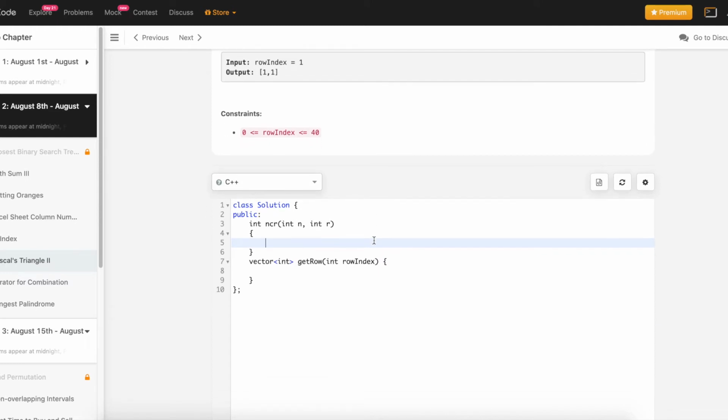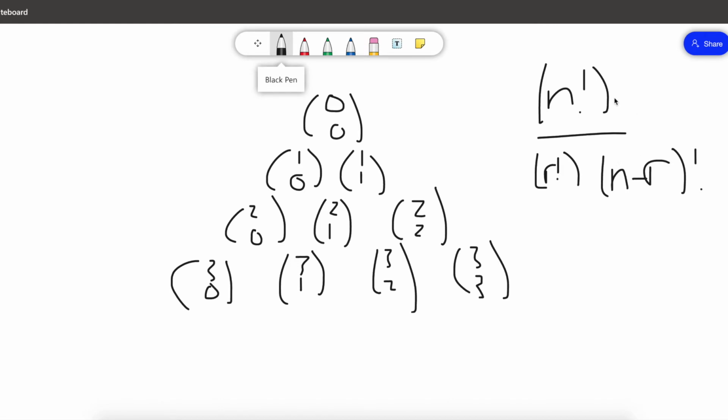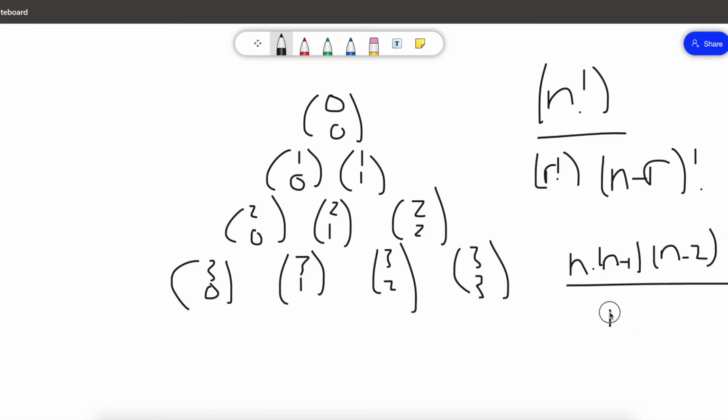Here's a neat optimization, because n factorial and whichever of these larger ones will cancel out. So it's essentially n times n minus 1 times n minus 2, and then r factorial over here.